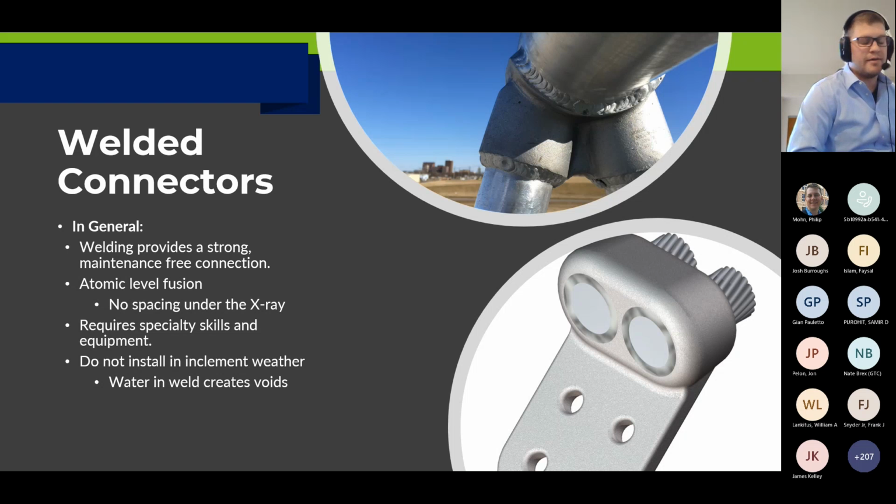Because otherwise, if you're only going to have a few positions, you might want to look into potentially a compression or a bolted connection that might be faster to install and less expensive.